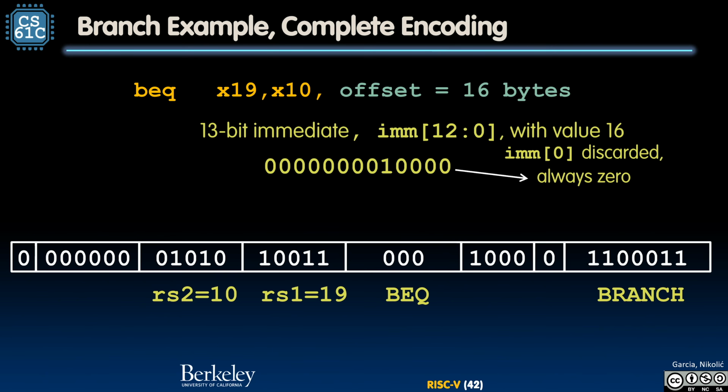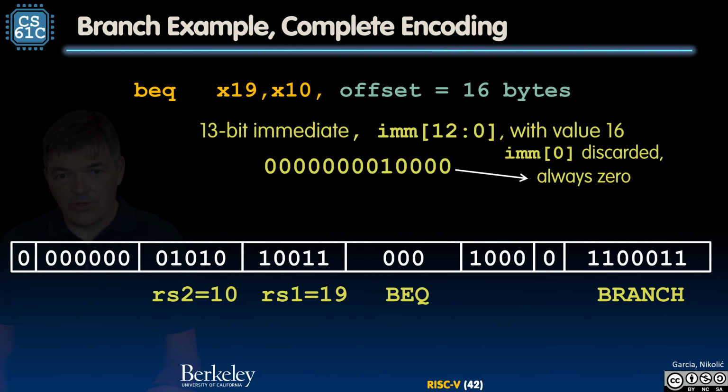So first thing that we'll notice, since we are always branching by pairs of bytes, we don't need to store the least significant bit. It is always 0. There is no reason to waste our precious instruction space to encode zeros. So we'll throw that one away.